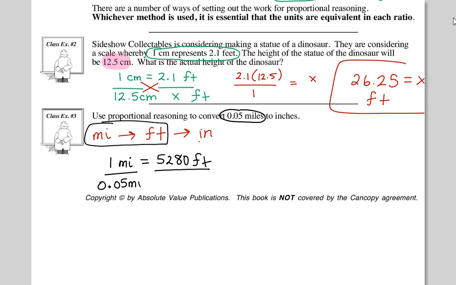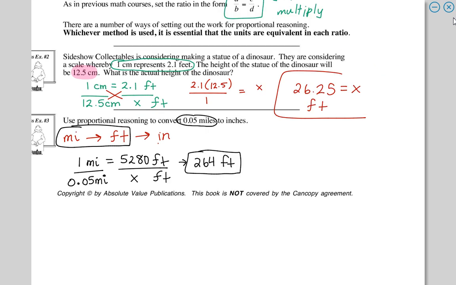I know it's miles, so I will line up the units. Notice how I just line up the units, and then I can solve for x feet. Cross multiply, and you get 264 feet. All I do is times those two. And dividing by 1 is not going to change anything.